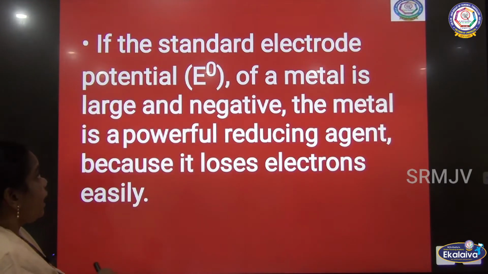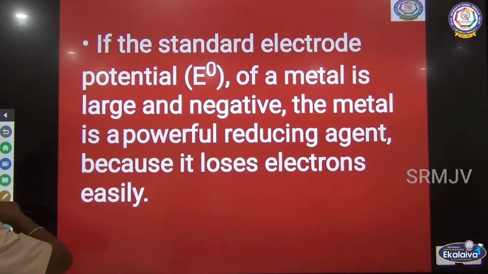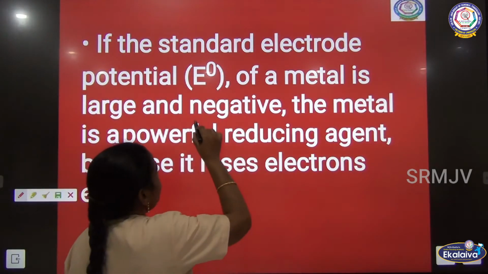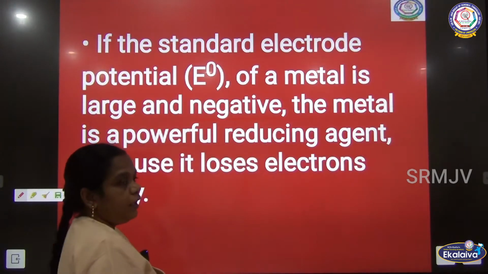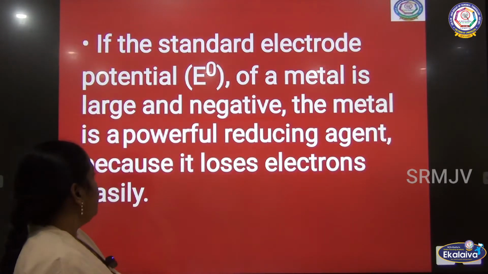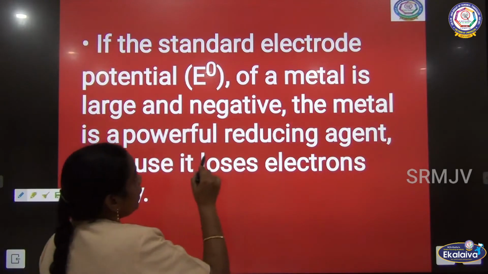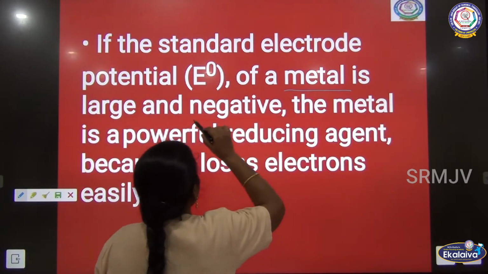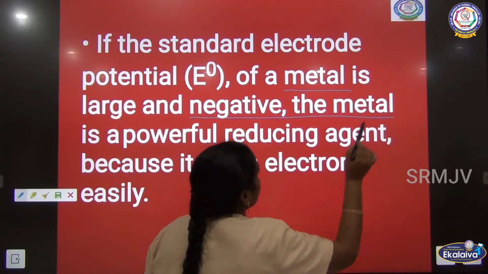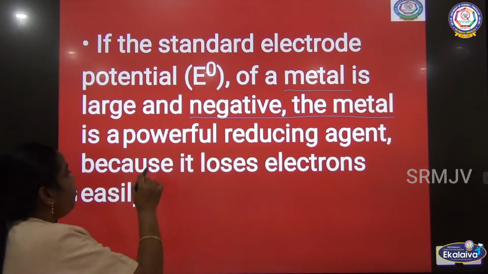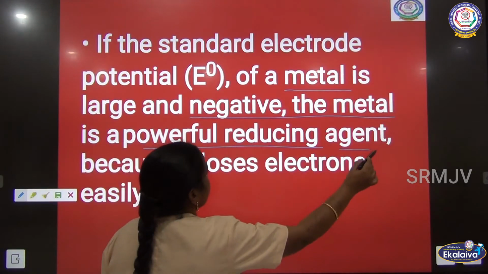So based on the standard EMF, the metal with a large negative value acts as a powerful reducing agent.